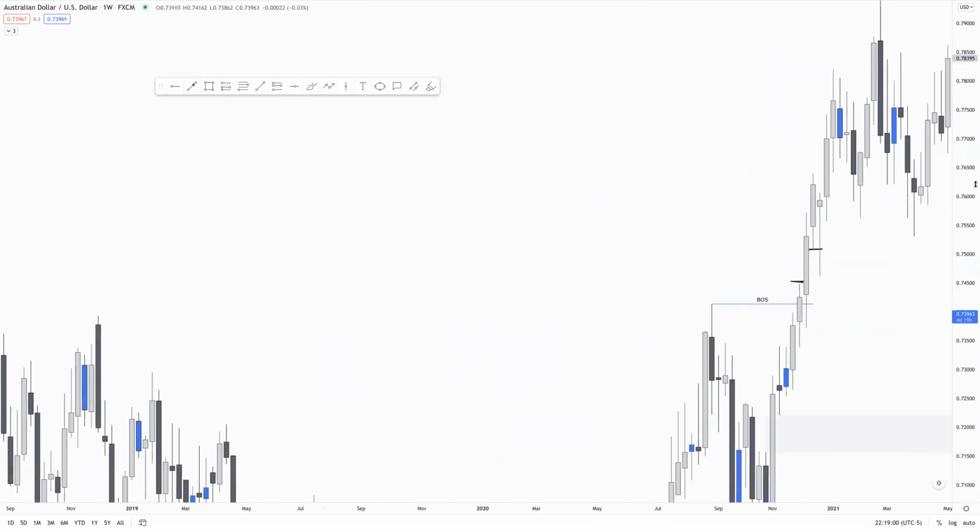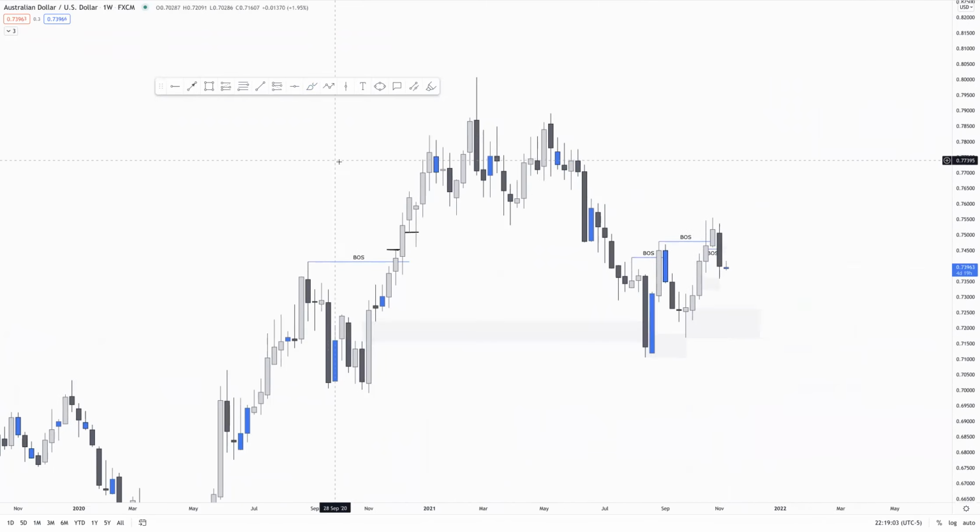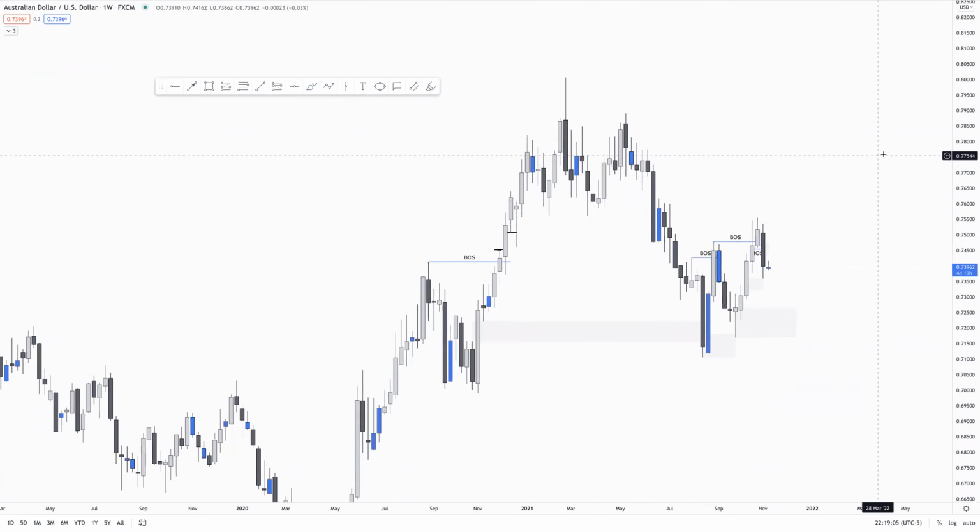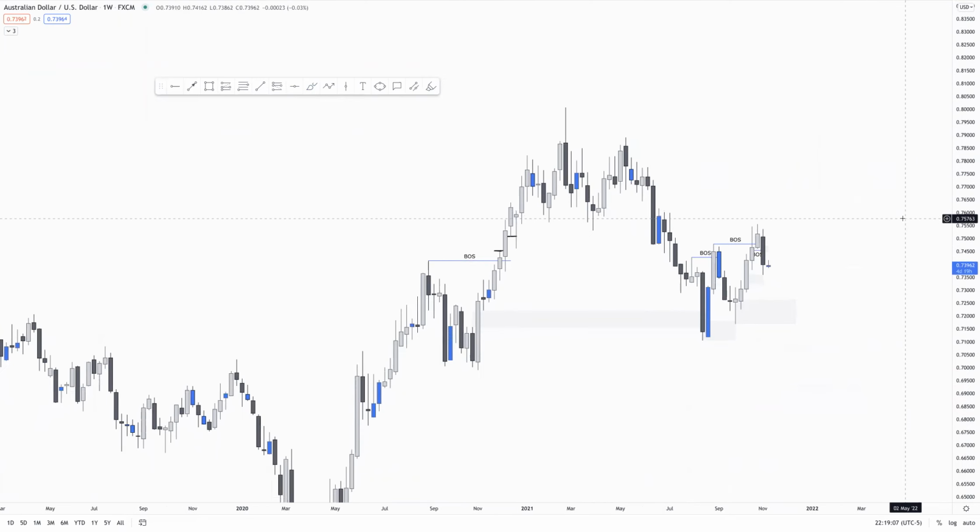So again, inefficiency is the same thing as imbalance, and it's referring to an imbalance between buyers and sellers. Within this candle, there's only buying pressure, right? That's why this wick does not connect with this wick. There's inefficiency. For every buyer, there needs to be a seller, and for every seller, there needs to be a buyer.